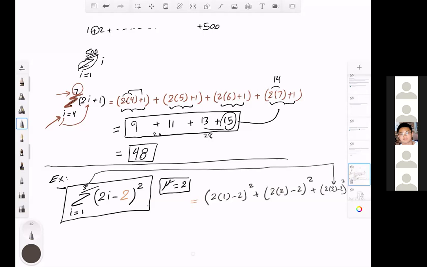That's the maximum number I can get. This will be 0 squared plus 2 times 2 is 4, 4 minus 2 is 2 squared, plus 2 times 3 is 6, 6 minus 2 is 4 squared. 0 plus 4 plus 16, which is 20.